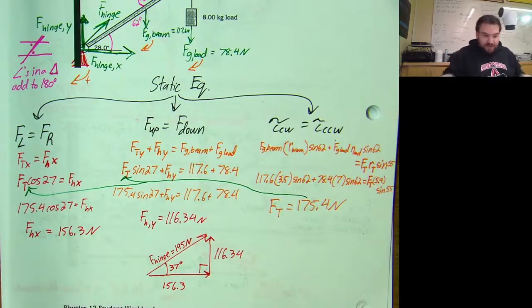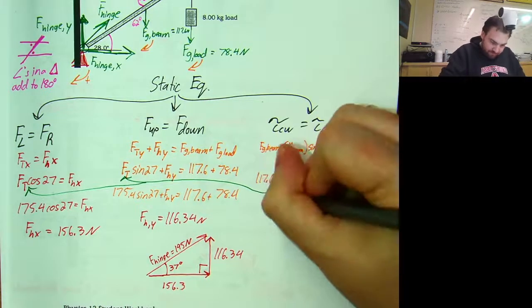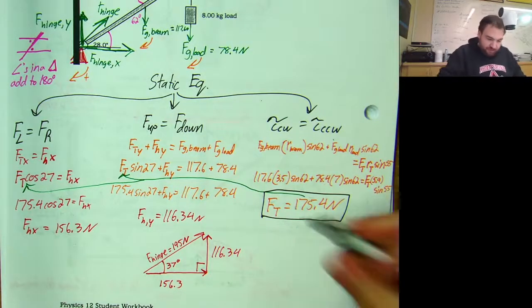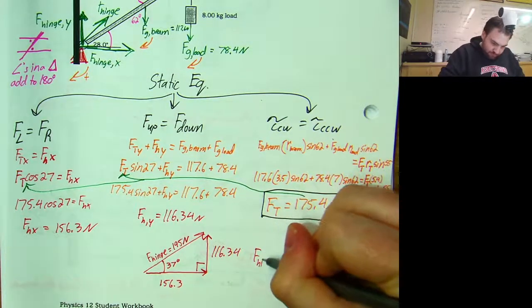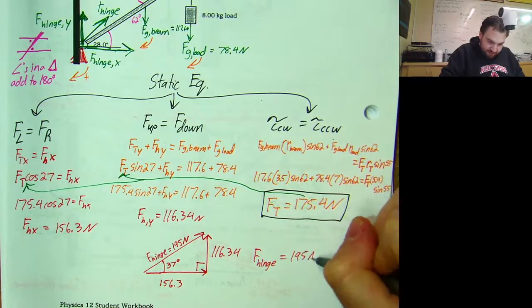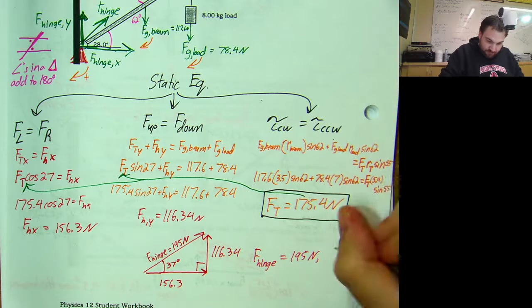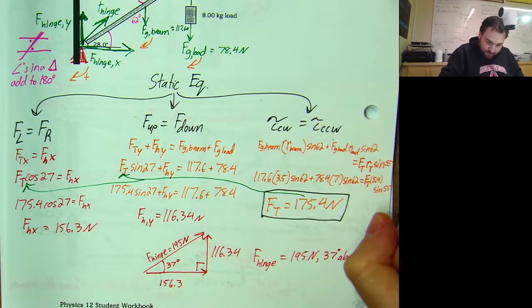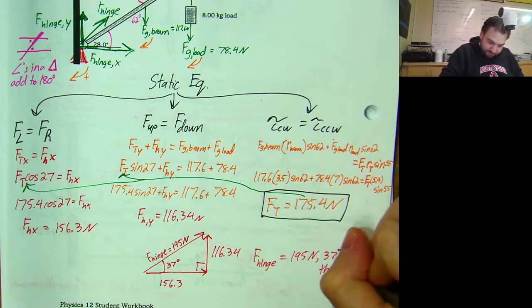So we wanted the tension. There it is. And we want F hinge. That's 195 newtons, 37 degrees above the horizontal.